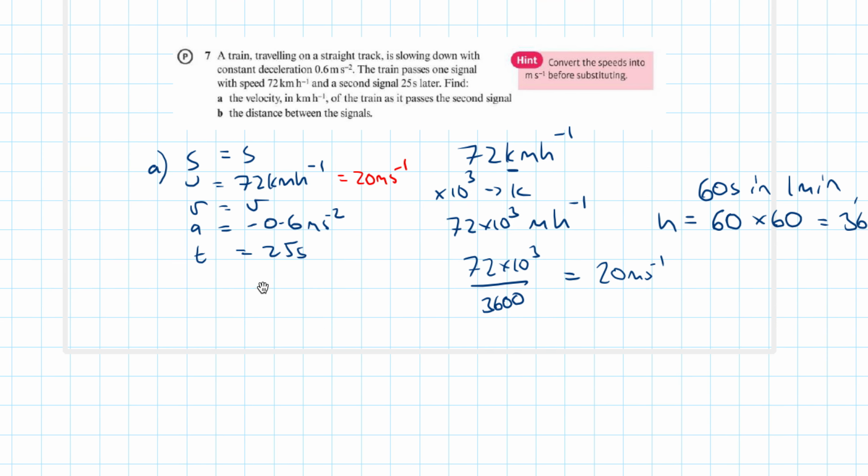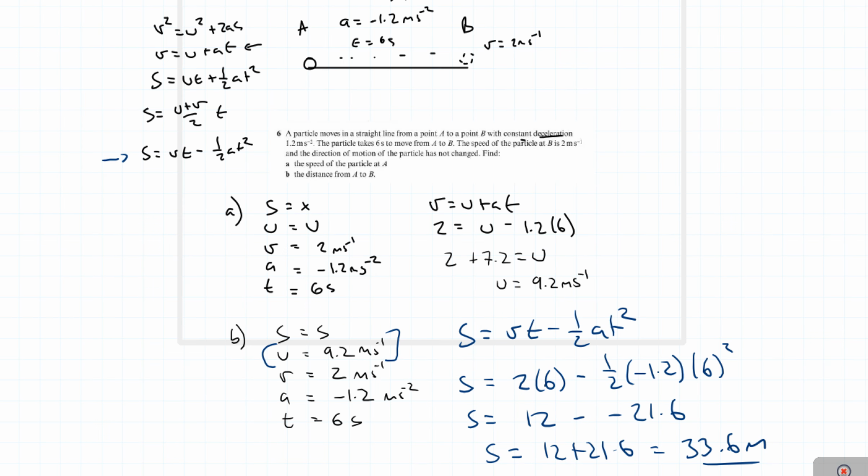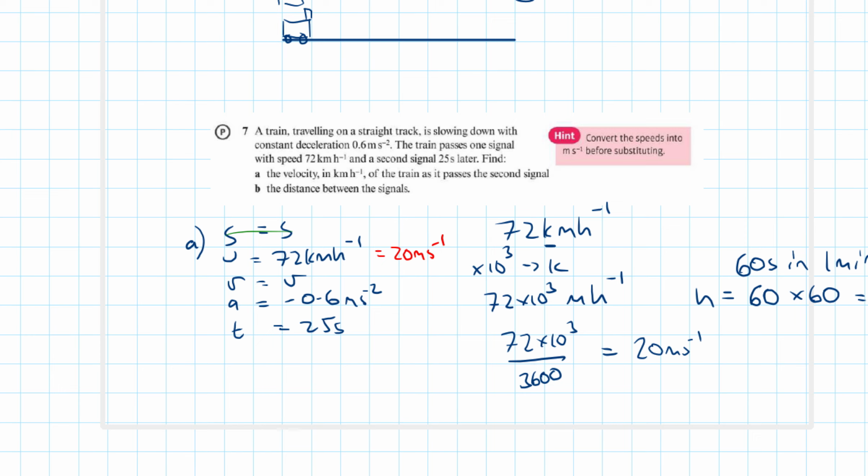Then we're going to use an equation that doesn't have S inside it. So we're going to use the following equation, V equals U plus AT.